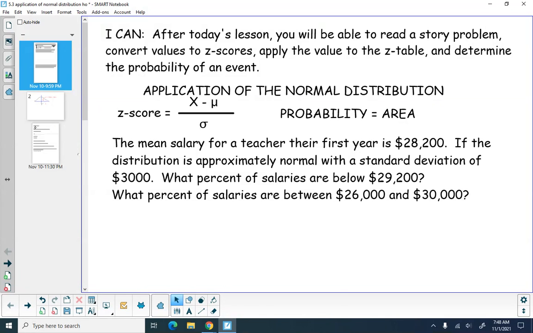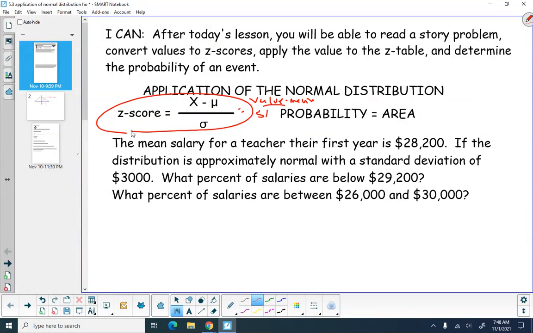Once again, a Z value or Z score is value minus mean divided by standard deviation. Value minus the mean divided by standard deviation is how we calculate a Z score, whether it's a sample mean and sample standard deviation, or population mean and population standard deviation.